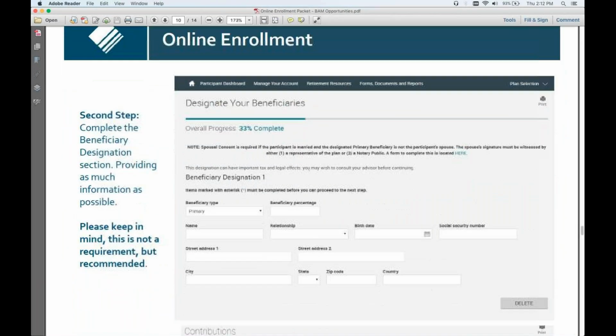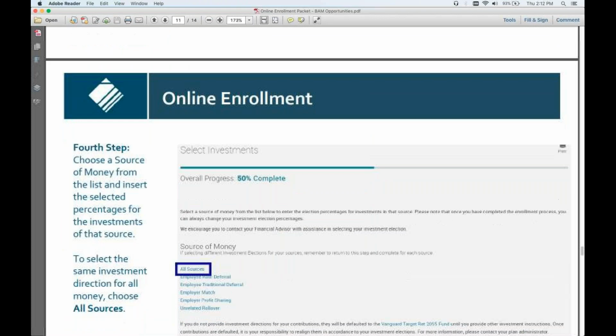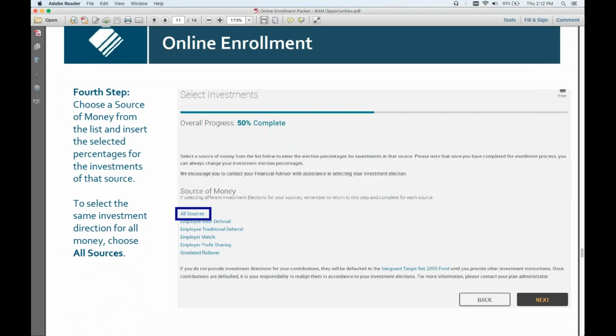There's a section about halfway through, about 50% of the way through, before you click the investments, where it's going to ask you for the source of money to select. Make sure you are selecting all sources of money. So that first option, make sure you click that before hitting next.